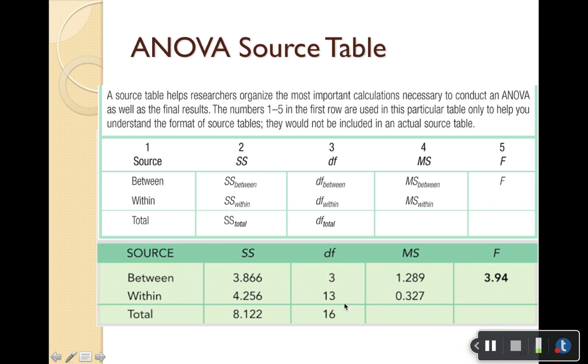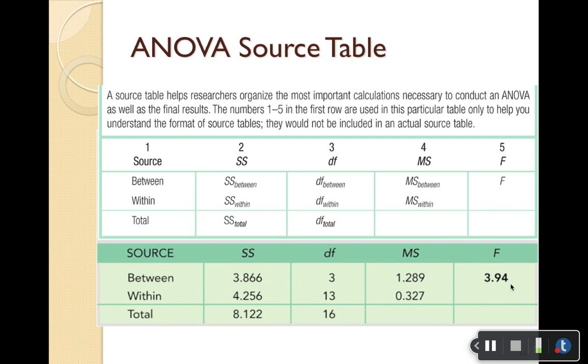And you can see how those numbers actually flip-flop once we take into account degrees of freedom. So once we divide by this column, you can see now our between groups variability is winning over, which is what gives us this F ratio of 3.94. So we took this 1.289 divided by the within, and we end up with 3.94.